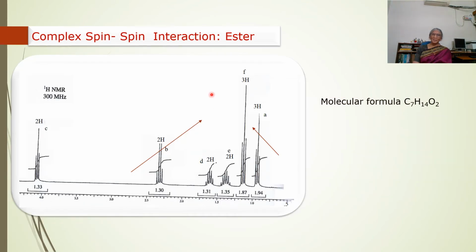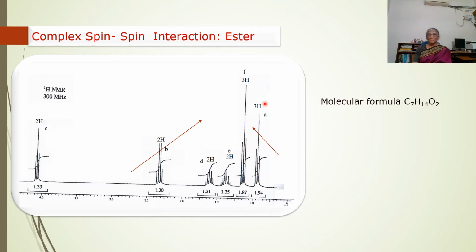This is the third NMR spectrum of the series, in which the molecular formula of the compound is C7H14O2. And we have to establish the structure of the ester on the basis of this NMR spectrum. There are 6 signals, and below each signal, integral values are given, from which we can calculate the number of protons providing each signal.